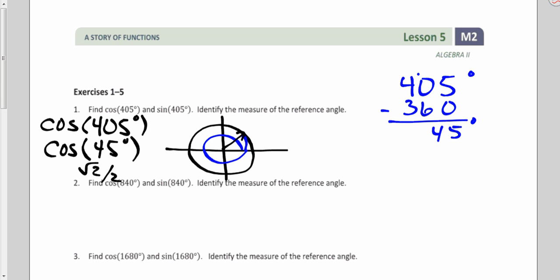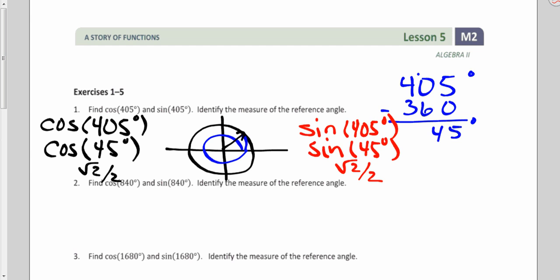Now the sine of 405 is the same thing as the sine of 45. And what's the sine of 45, according to our unit circle from yesterday? Square root of 2 over 2.